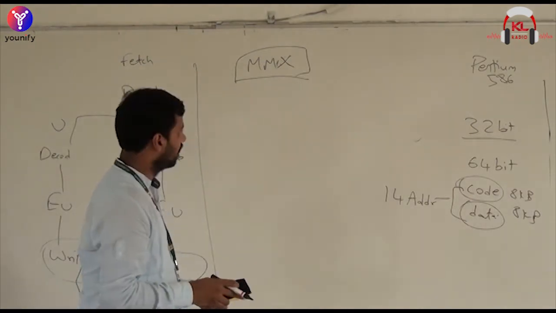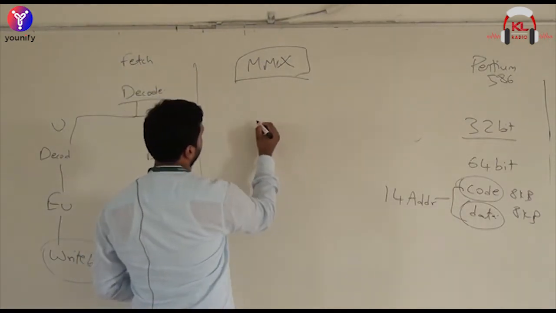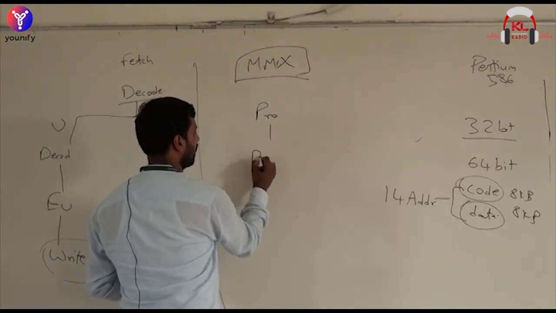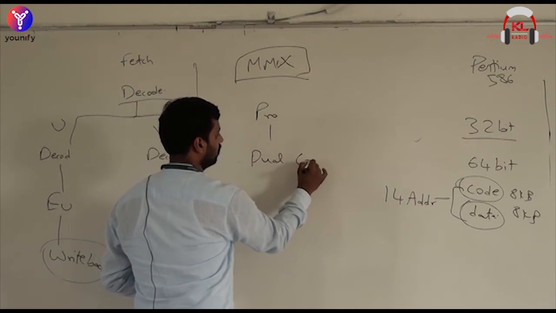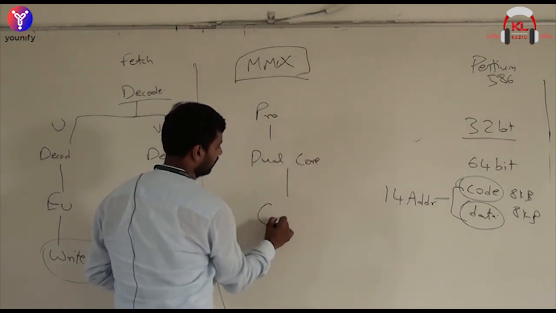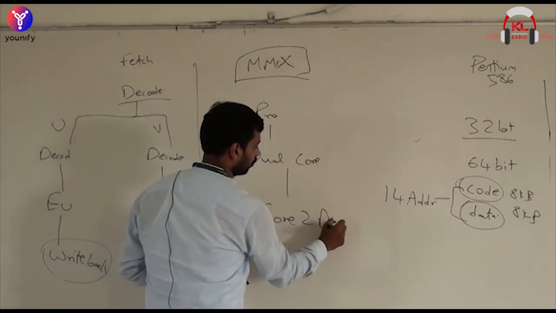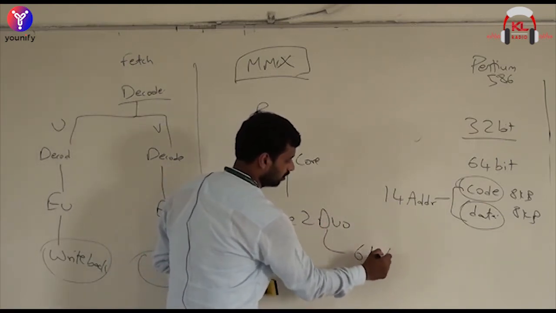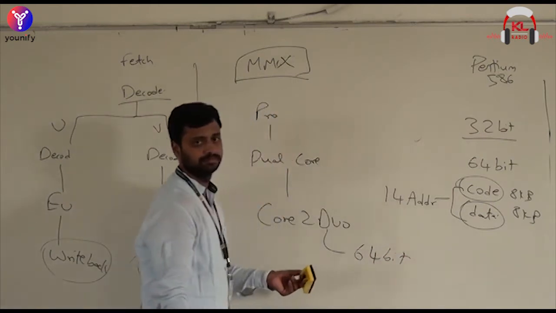related to the MMX. After MMX, we had the Pentium Pro, then the dual core processor, and then the Core 2 Duo. Core 2 Duo is Intel's 64-bit processor.